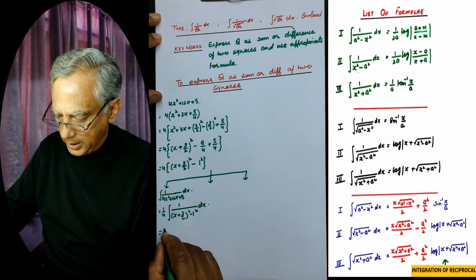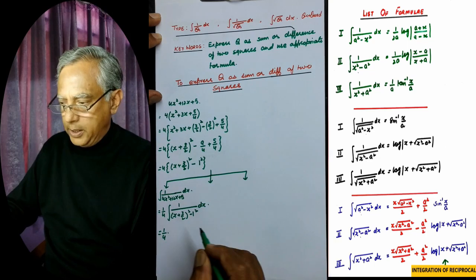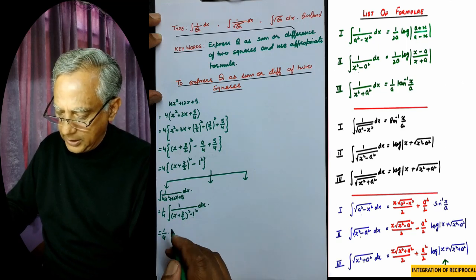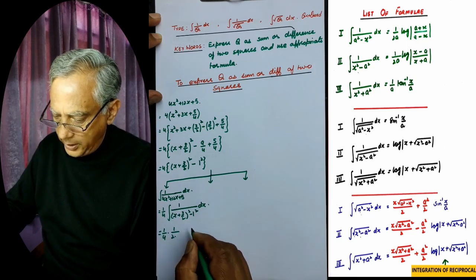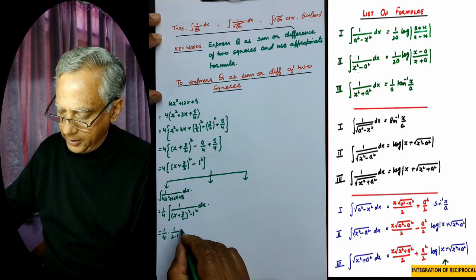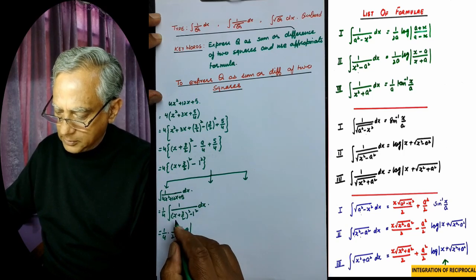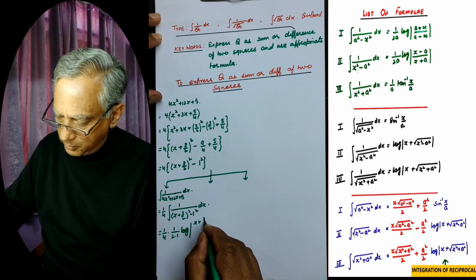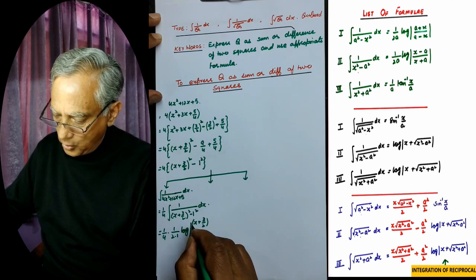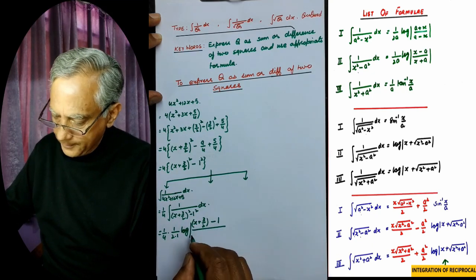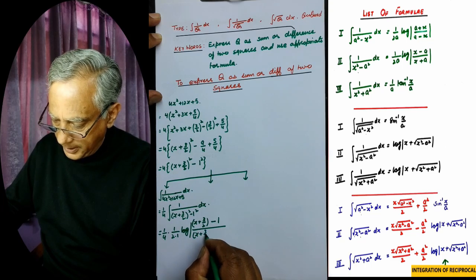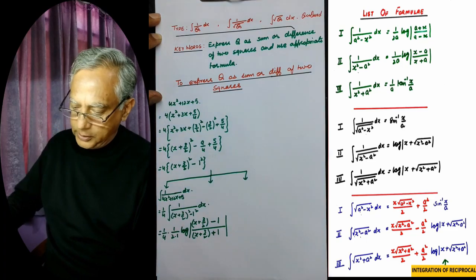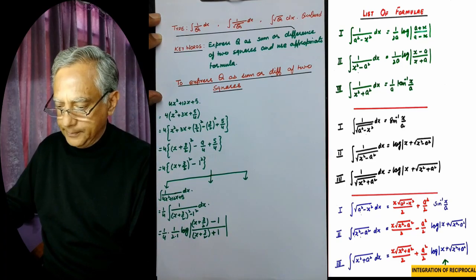This is equal to 1 by 4 into the integral of 1 over x square minus a square, which is 1 by 2a log of x minus a over x plus a. So 2 into a is 1, and instead of x we have x plus 3 by 2. So x minus a over x plus 3 by 2 plus 1. This will be the formula used.